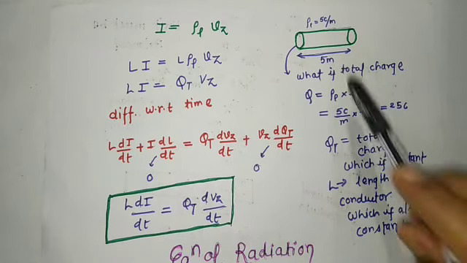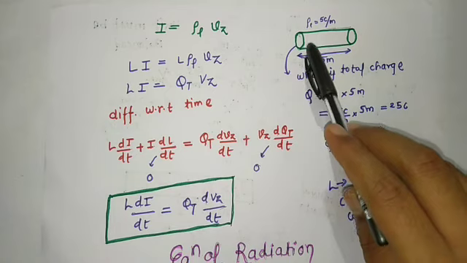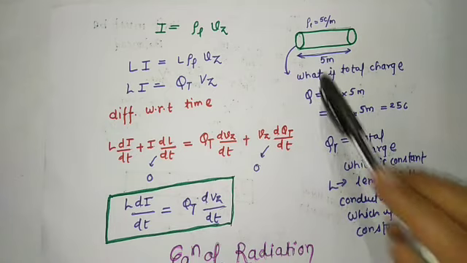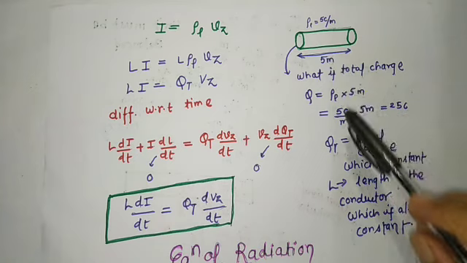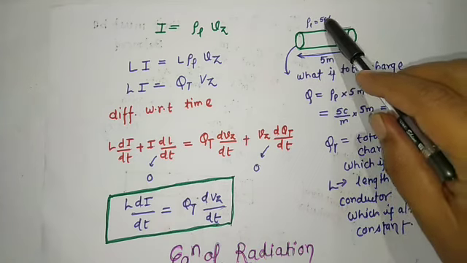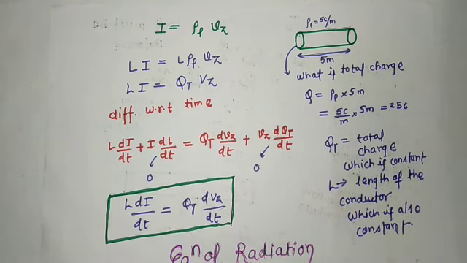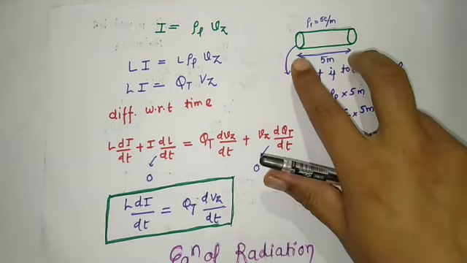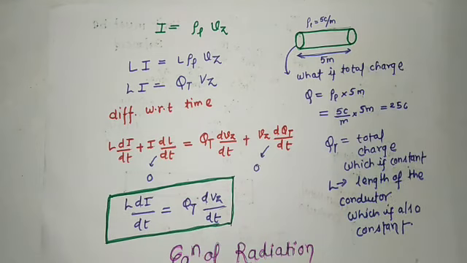In 1 meter there is 5 coulomb, in 2 meter 10, in 3 meter 15, in 4 meter 20, in 5 meter 25. Basically, if you multiply 5 meter by 5 coulomb per meter, you will get the total charge. So length multiplied by line charge density gives the total charge.